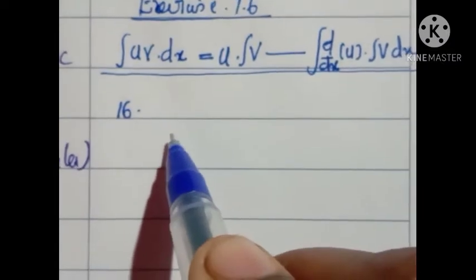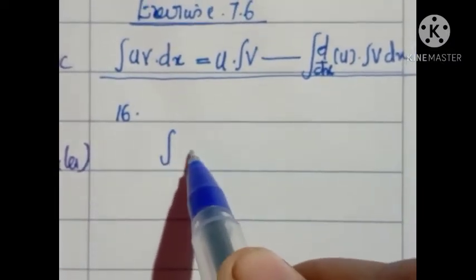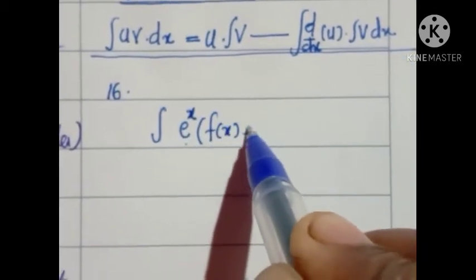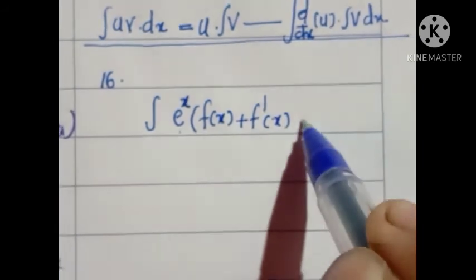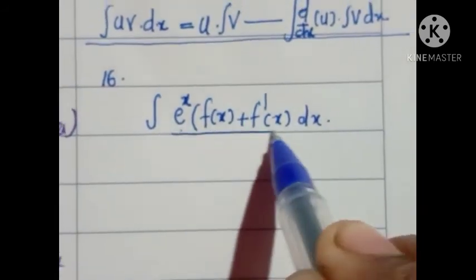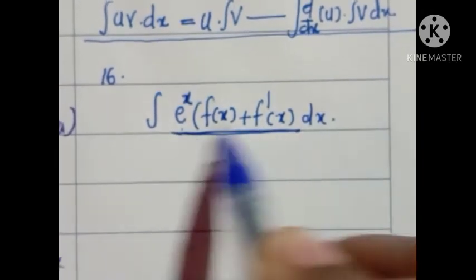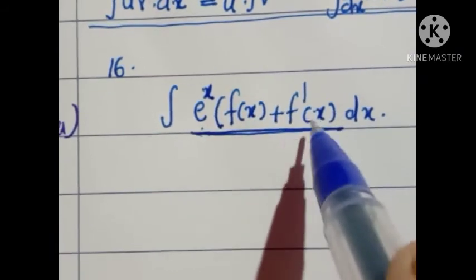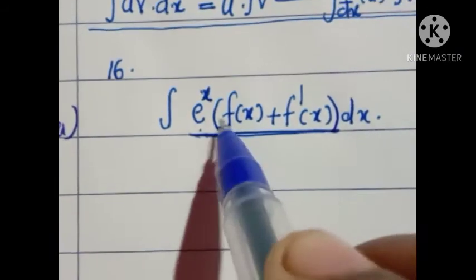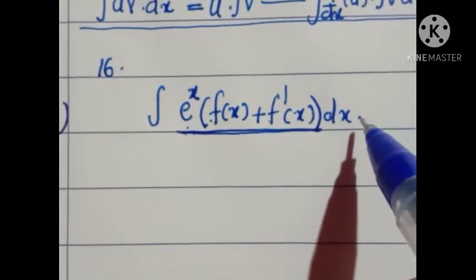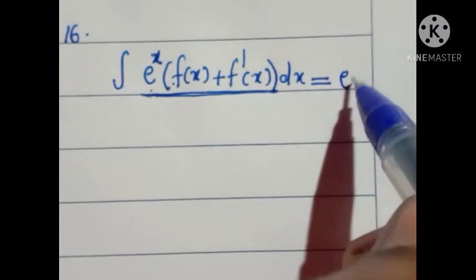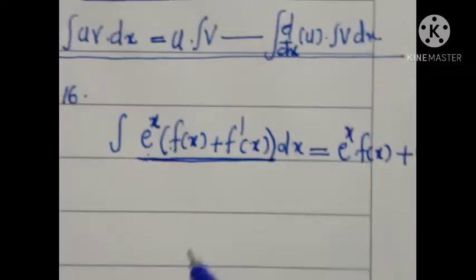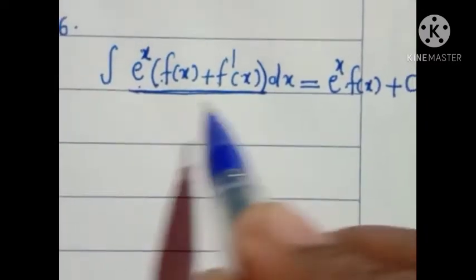Any integrand of the form e raised to x into f of x plus f dash of x dx, that is, a function plus its derivative, has its integration result as e raised to x into f of x plus integration constant c. So this is a special type of integral.